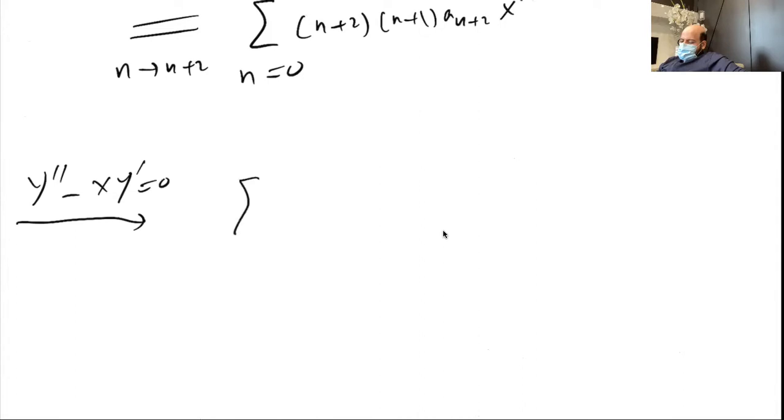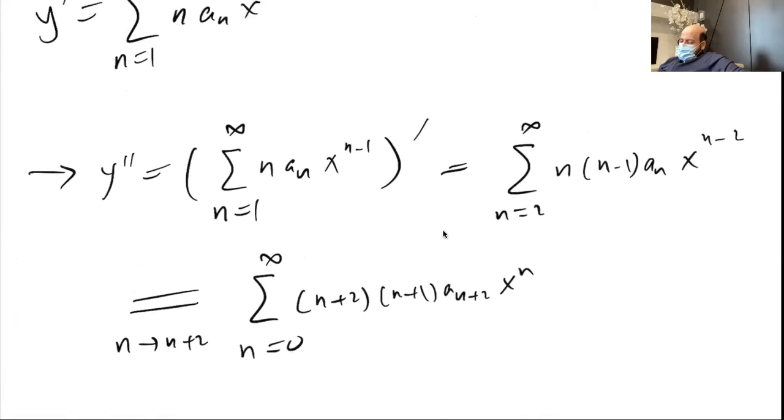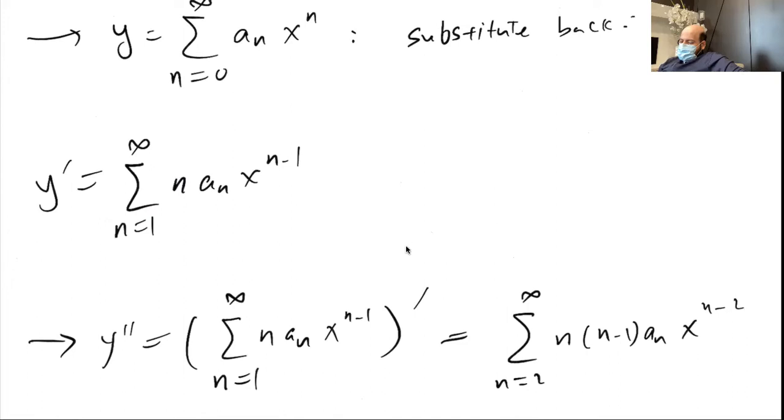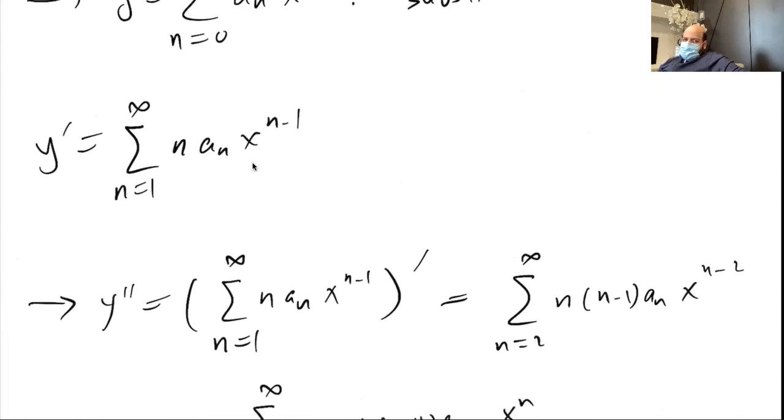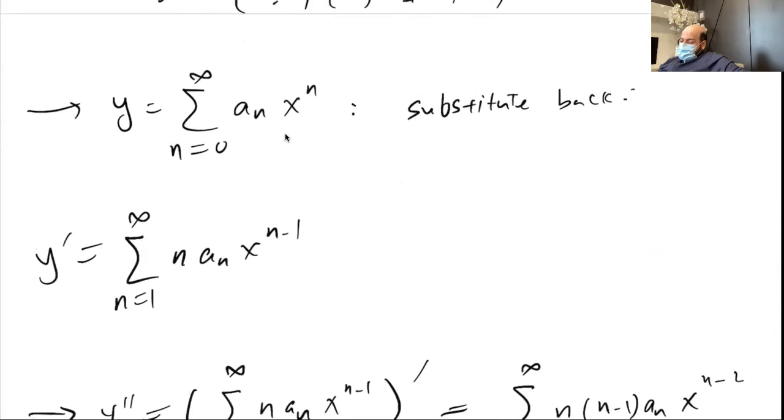Then I'll get sigma (n plus 2)(n plus 1) a_(n plus 2) x to the power n, minus xy.